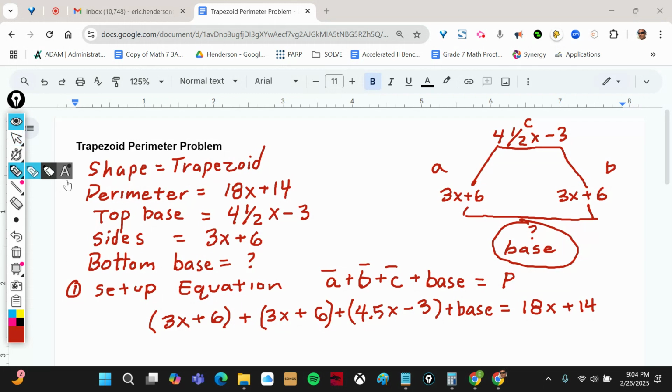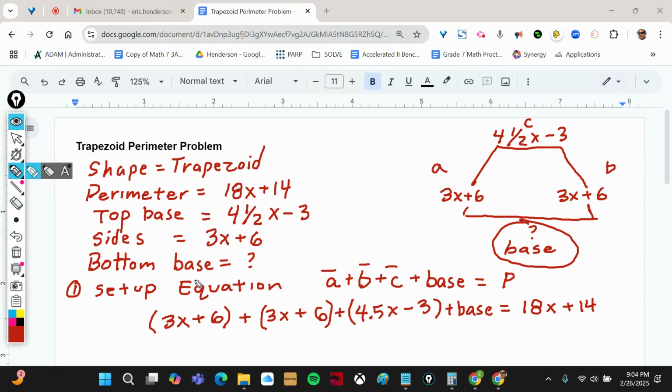So what we're going to do is first combine the sides. Remember, these are the sides right here, here, and here. Let's go ahead and combine them, because that's easy. 3x plus 3x is 6x.